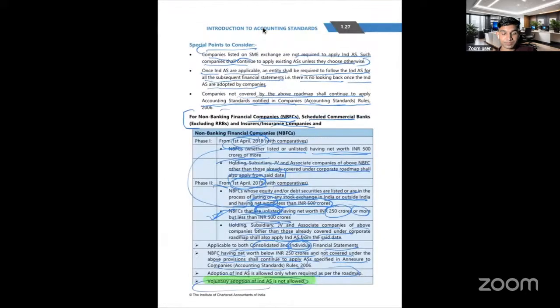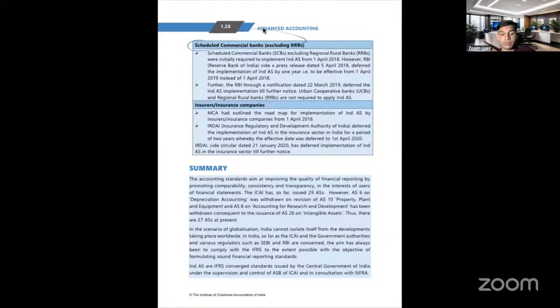Now, scheduled commercial banks excluding RRBs. Scheduled commercial banks, SCBs, excluding RRBs, were initially required to implement Ind AS from 1st April 2018. However, the RBI, through a press release dated 5th April 2018, deferred the implementation of Ind AS by 1 year, to be effective from 1st April 2019 instead of 1st April 2018.